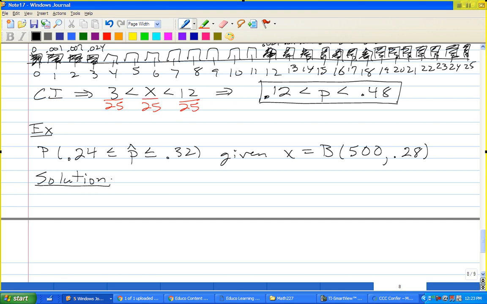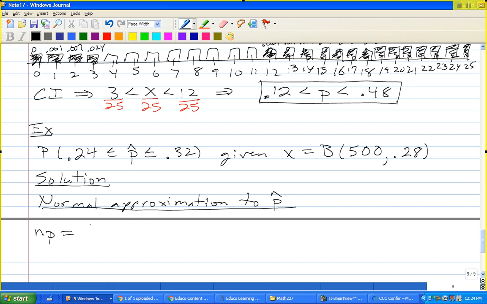So first let's check if the normal approximation is applicable. So the normal approximation to the binomial distribution. So n times p. N is 500. P is 0.28.